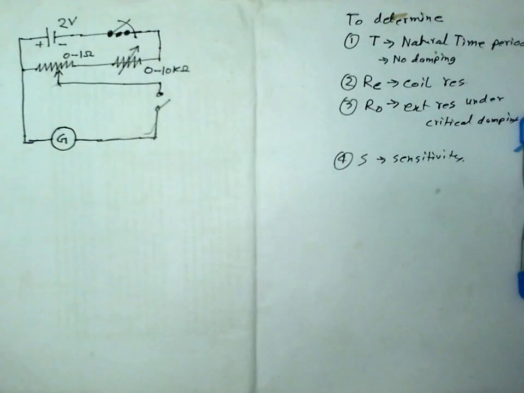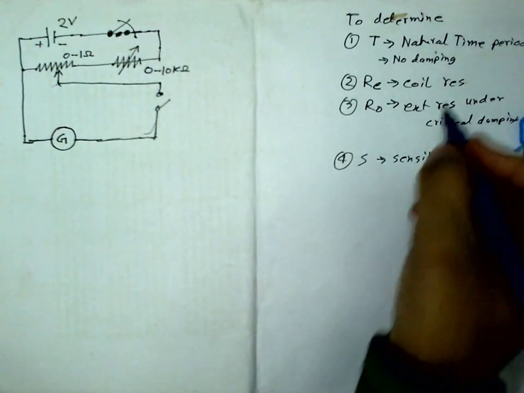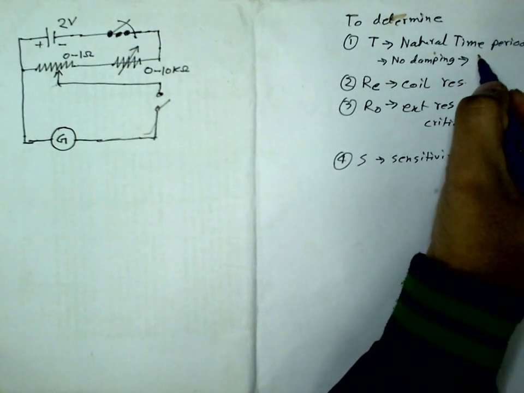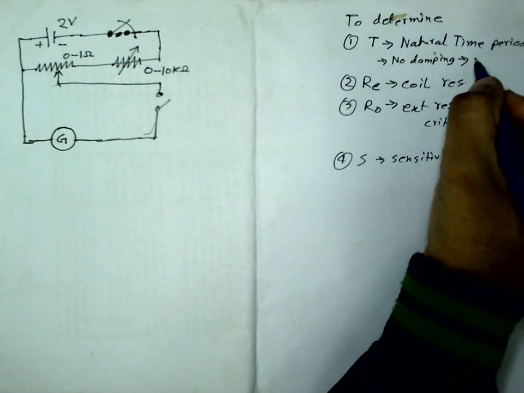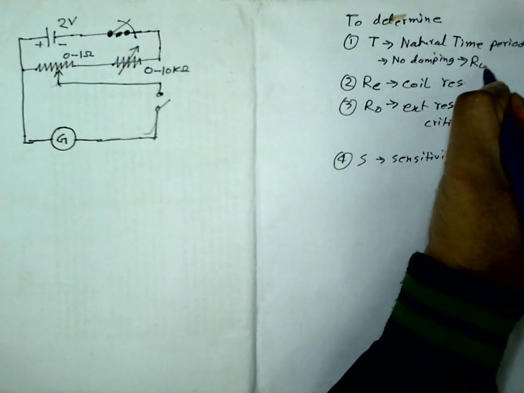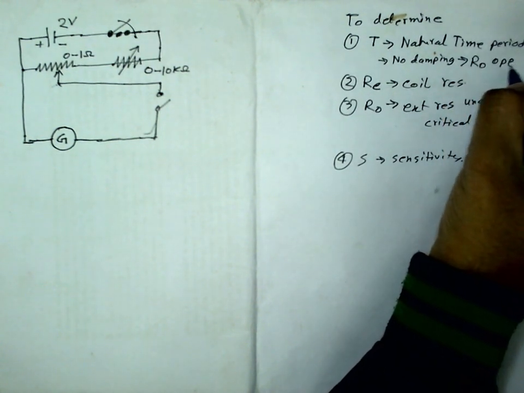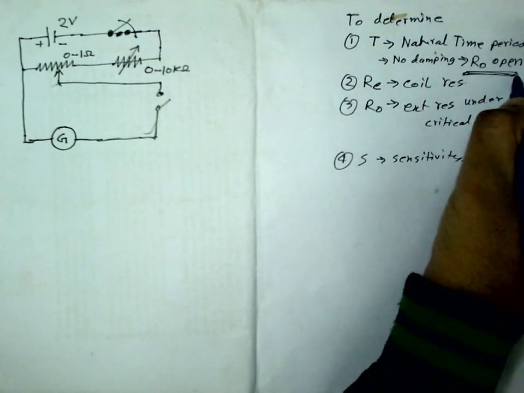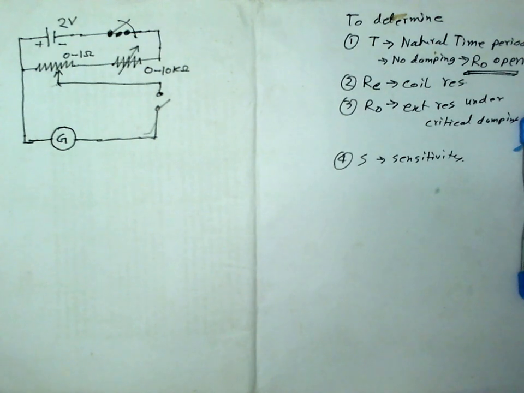So external resistance has to be very high or open. So RO open circuited. So RO should be open. That's very important. Under that situation, we have to measure the time period.